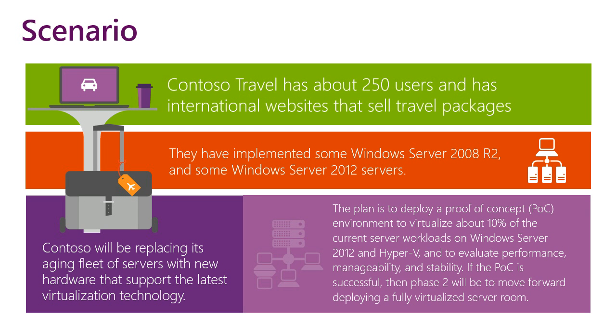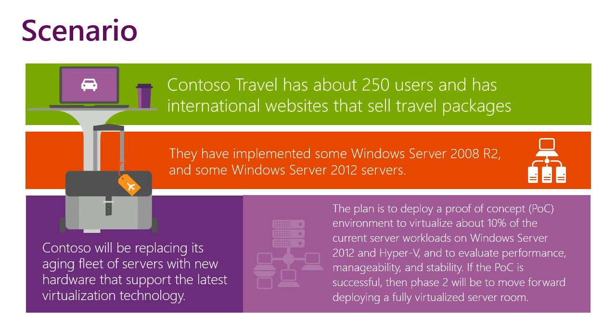So let's take a look at the scenario that we'll be focusing on for the rest of the module. The company here is Contoso Travel, and I think we've all probably encountered Contoso in one form or another through various Microsoft courses. For the purpose of today's content, they've got 250 users, they've got an international website, and they sell travel packages. They've got some Server 2008 R2 and some Windows Server 2012 servers.